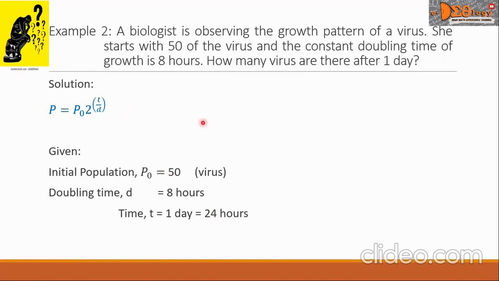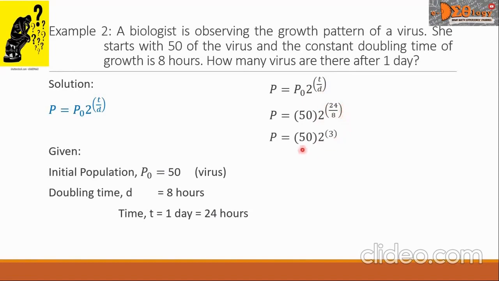Let us solve now the problem using our formula. So it is now written here again. And let us do the substitution respectively. The P sub 0 is now 50. The constant 2 is there. In the fractional exponent, our T is 24 over D, and the D is 8. Simplifying our fractional exponent power, this 24 over 8 is equal to 3.